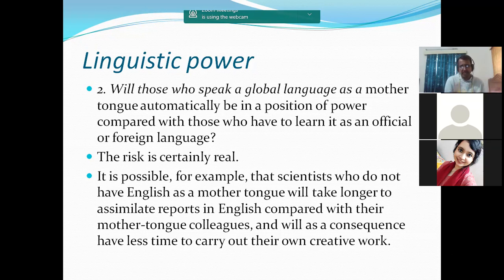Let's discuss: scientists who do not have English as a mother tongue will take longer to assimilate reports in English compared with their mother tongue colleagues, and will, as a consequence, have less time to carry out their own creative work.